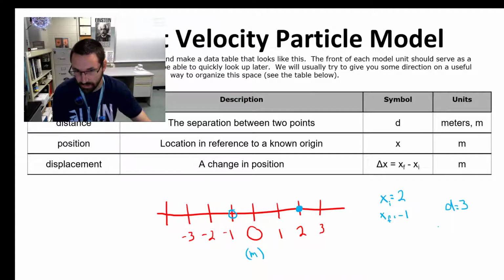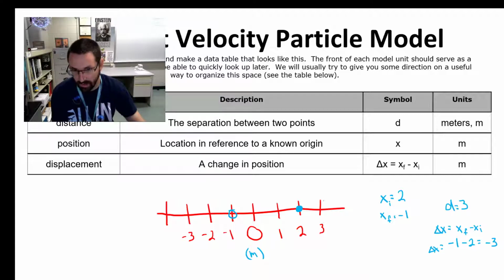My displacement, though, is my final position minus my initial position, x f minus x i. So that would be -1 minus 2, which is -3. So this object has a displacement of -3.